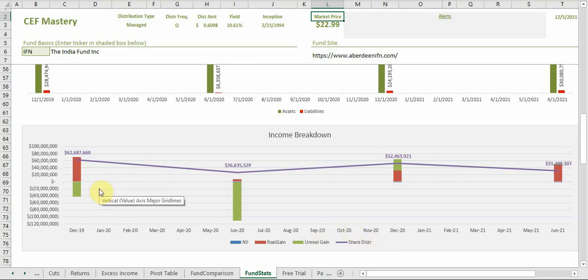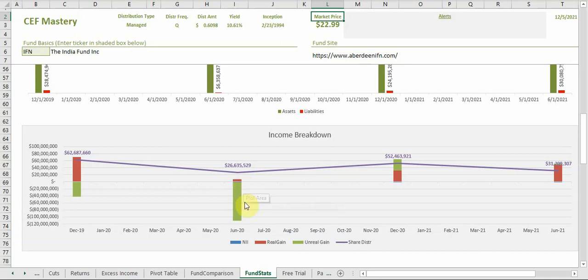Now for IFN in this particular case, you can see in December of 2019, they did have an unrealized loss, and virtually all of their income was realized gains. And you can see the realized gains were in excess of the distribution they paid out at the time. Following 6 months in June 2020, you'd be hard pressed to find any closed-end fund that experienced unrealized gains.